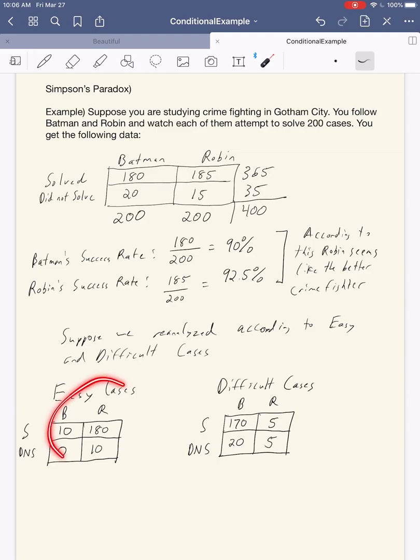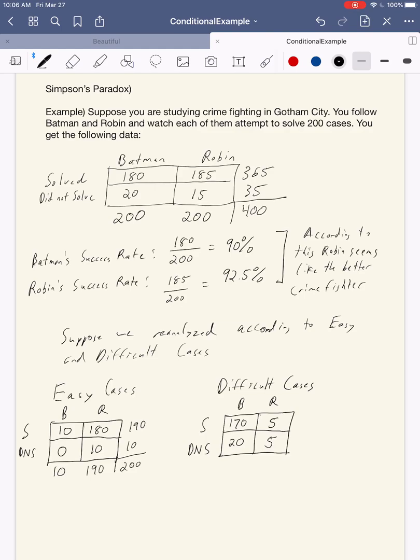So even though we've added this extra variable, easy and difficult cases, we still have the same overall data. These are new two-way tables, so let's fill in all the information we want. This would be 10 and 190, and this would be 190 and 10, making 200.